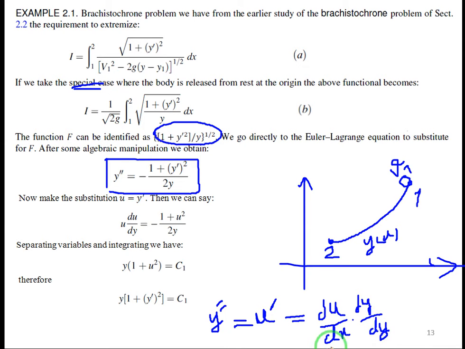In this problem, d of y over d of x is equal to y dash, or it's equal to u. So we can say that y double dash is equal to u multiplied by the derivative of u with respect to y.